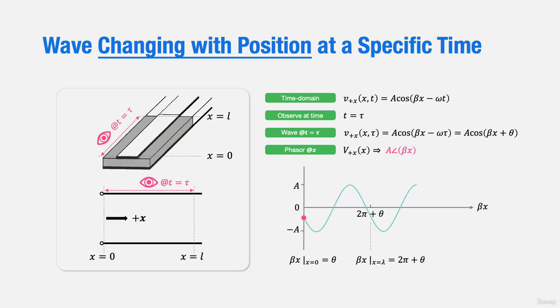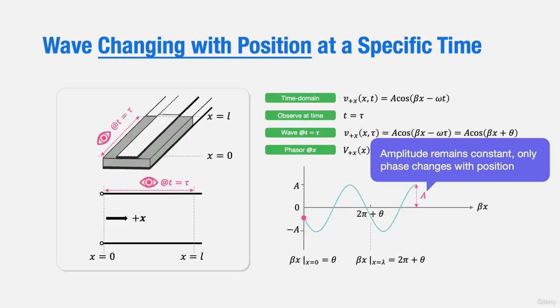At the position x equals 0, as t changes from 0 to tau, the angle of the wave rotates to theta. We can observe that at a fixed moment, the wave varies with position because beta x rotates with position, while the amplitude A remains fixed and does not change with position.